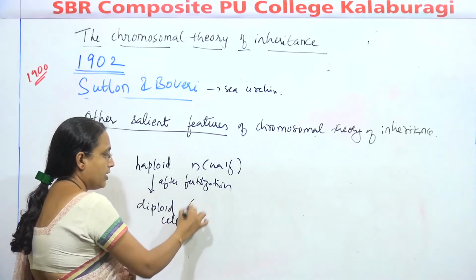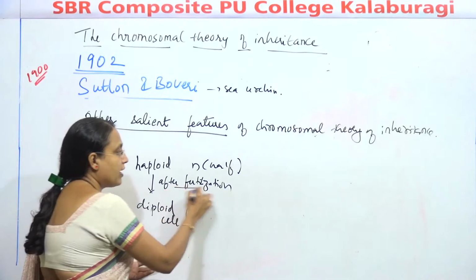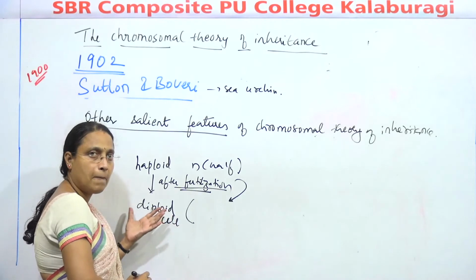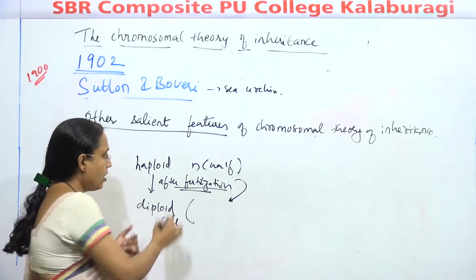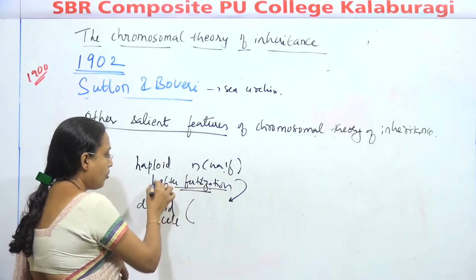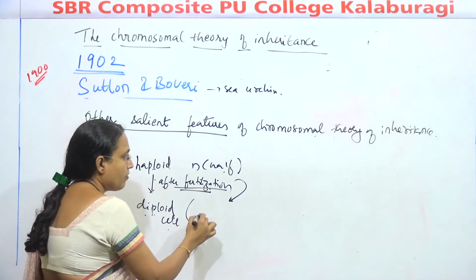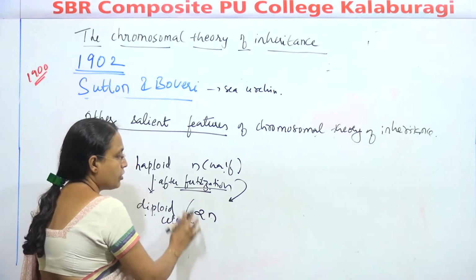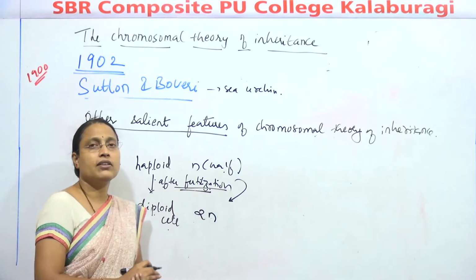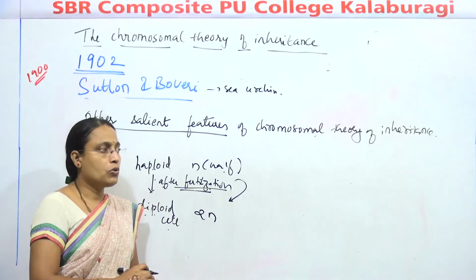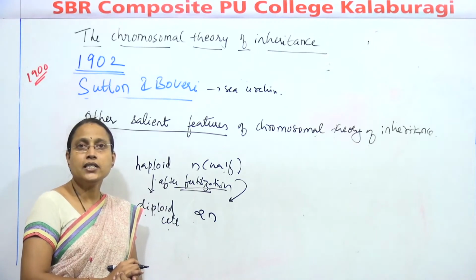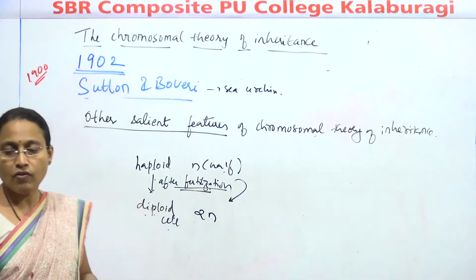Fertilization maintains the diploid condition. The chromosome number is maintained constant in a given species. The haploid cells fuse and form diploid cells, where the number of chromosomes is represented as 2n. So it is fertilization that restores the normal chromosome number. That is also another salient feature of the chromosomal theory of inheritance.